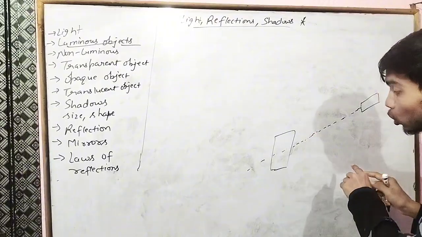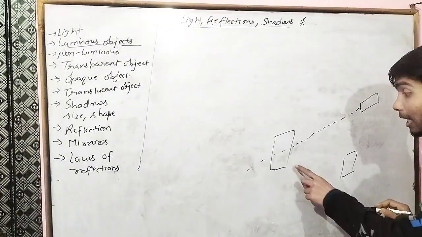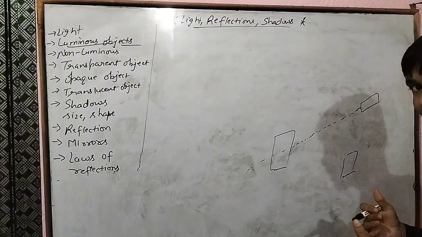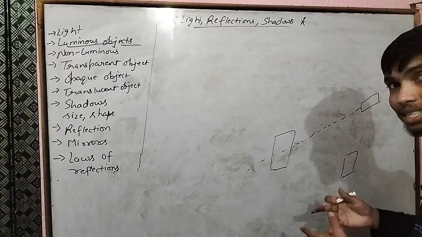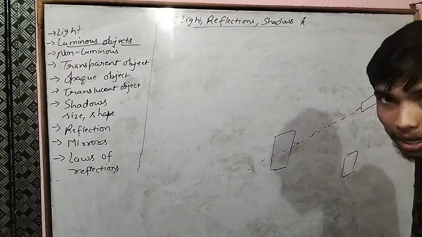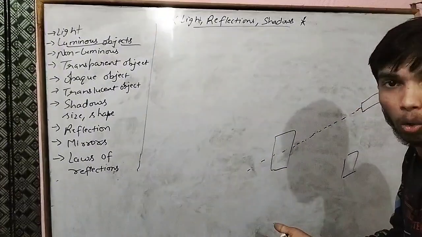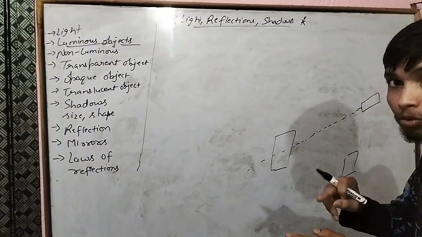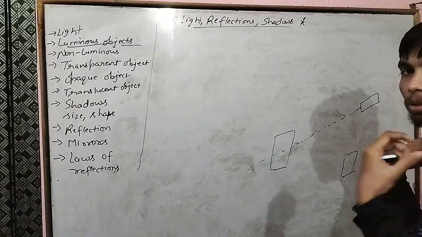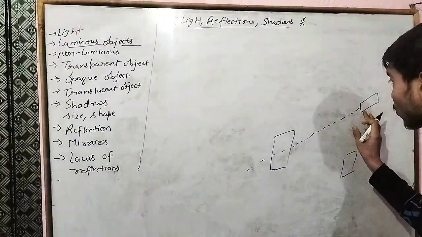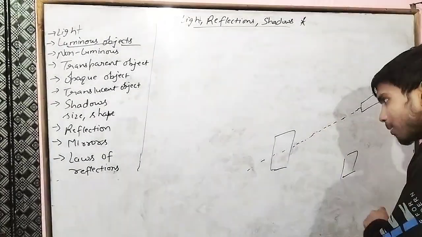Because you are here and the area behind me you can see. It is happening because I am transparent. I am allowing the light to pass from one side to behind me.